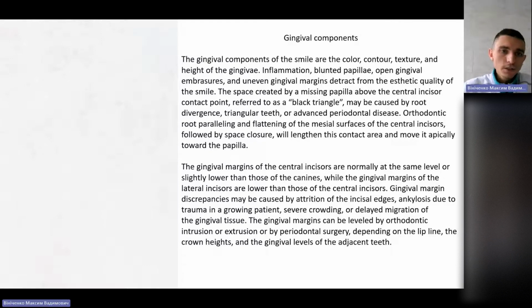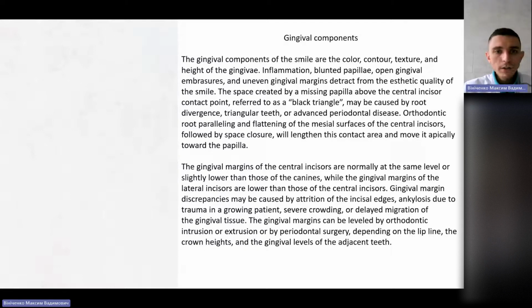The gingival margins of the central incisors are normally at the same level or slightly lower than those of the canines, while the gingival margins of the lateral incisors are lower than those of the central incisors. The gingival margin discrepancies may be caused by attrition of the incisal edge, ankylosis due to trauma in a growing patient, overcrowding, or delayed migration of the gingival tissue.